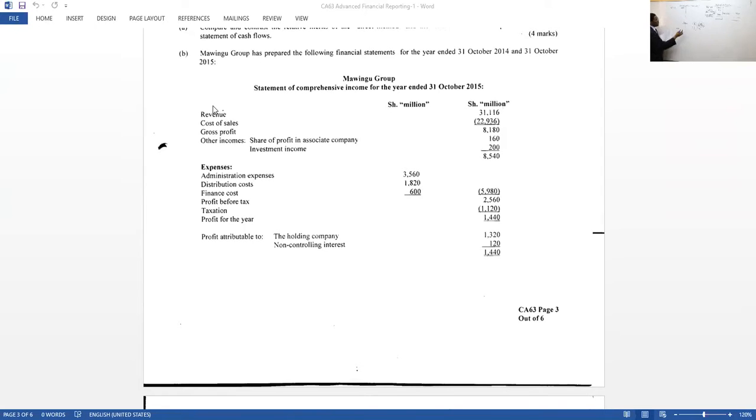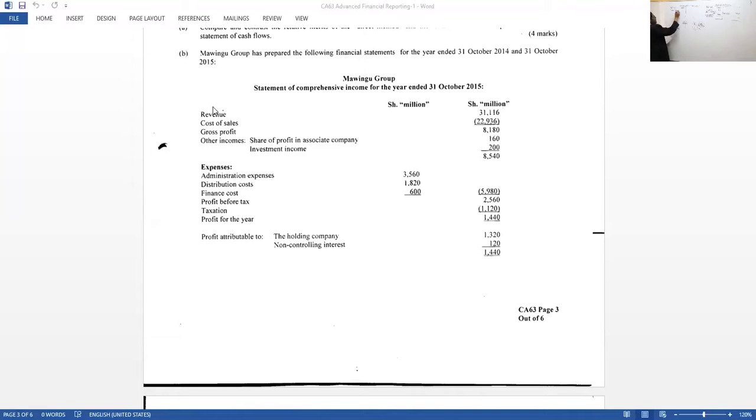So we go back to our group income statement and find out, as per this question, do we have any profit share? And according to the income statement, this group had a share of profit in associate, given as 160 million. Our profit share this year being 160, that makes my entitlement grow.